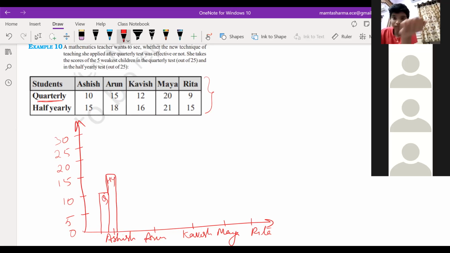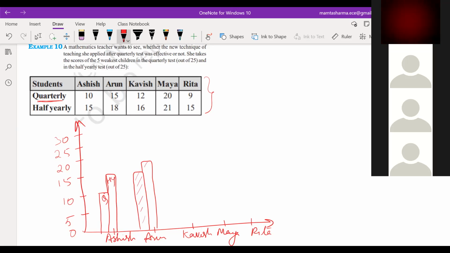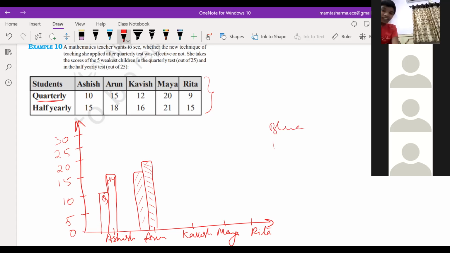Similarly, for Arun it is 15, and for half yearly Arun scored 18. They would be of different colors. Color the quarterly marks with blue, and the half yearly marks with red, so that while answering the questions you can differentiate easily.